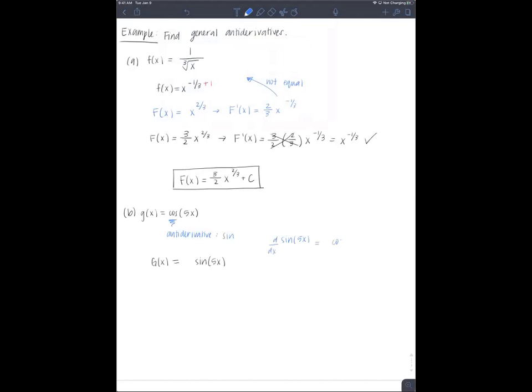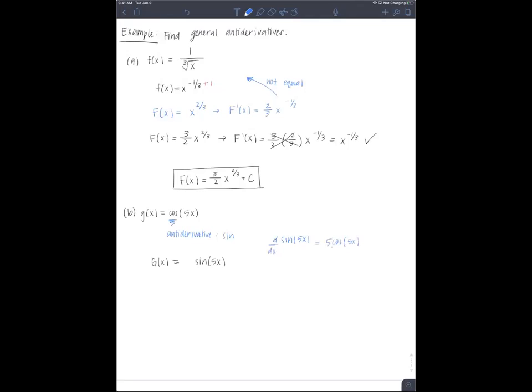so I would get cosine of 5x, but then I would take the derivative of what's inside. And so what would my coefficient be over here? Yeah, it would be 5. And so technically the derivative of sine of 5x would be 5 cosine of 5x.